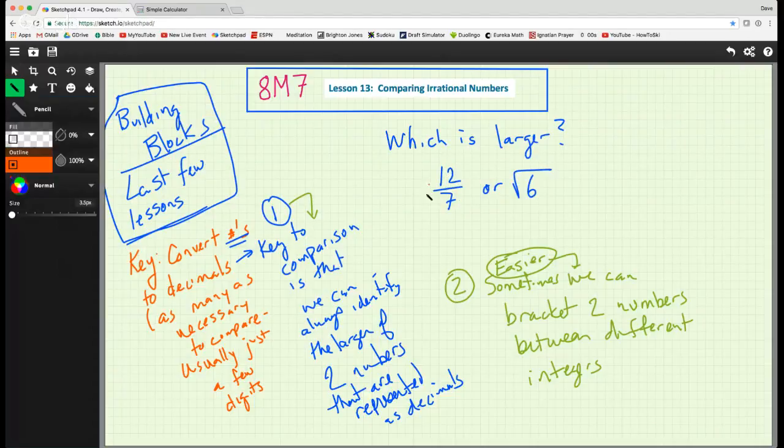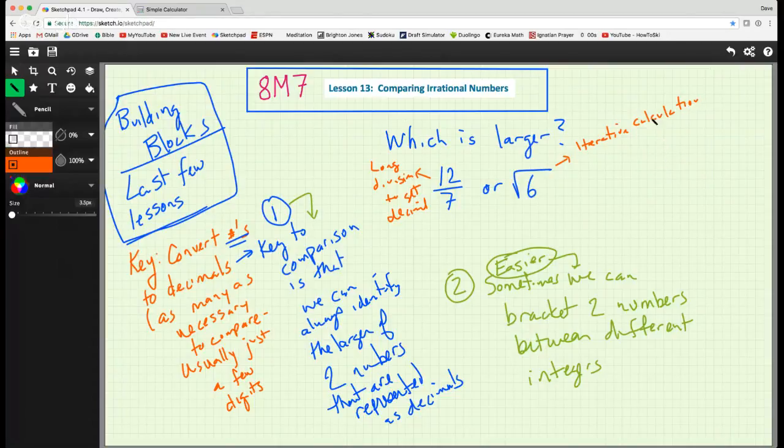Taking 12/7 and turning it into a decimal is going to require long division, and the square root is going to require our iterative calculations. Remember when we say it's between 2 and 3, then between 2.2 and 2.3, then between 2.21 and 2.22 or whatever. That's our iterative calculation.